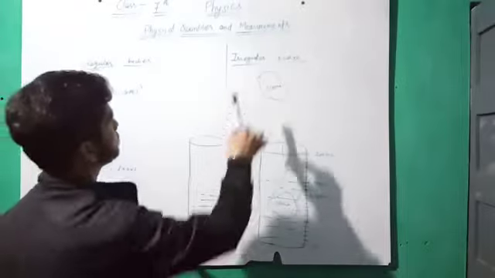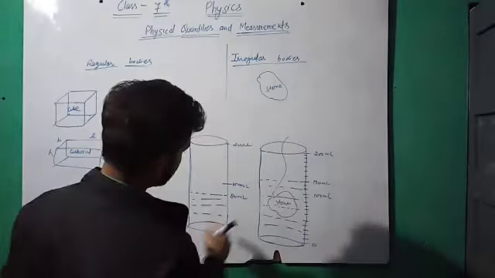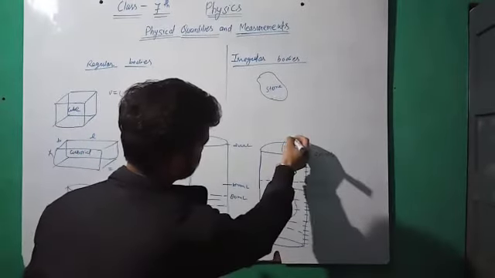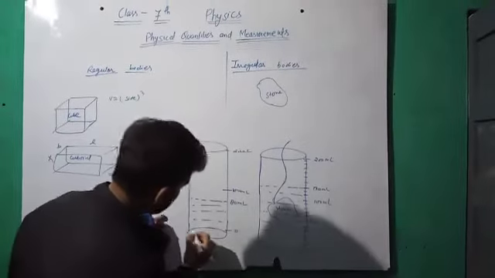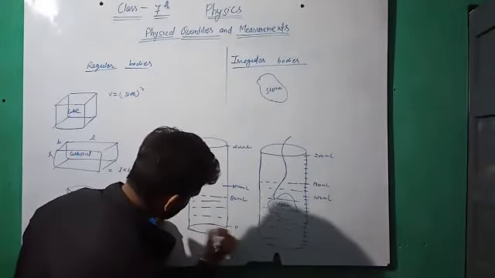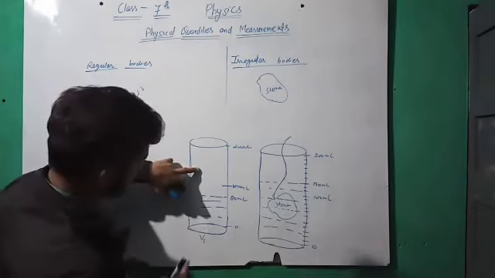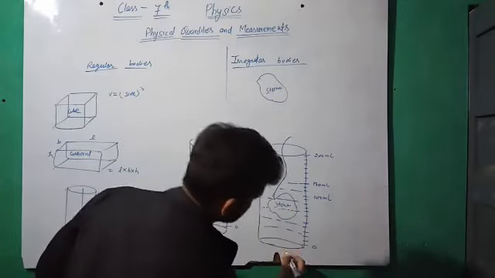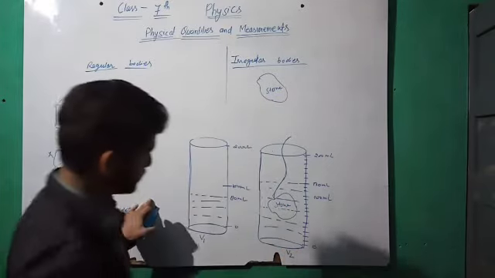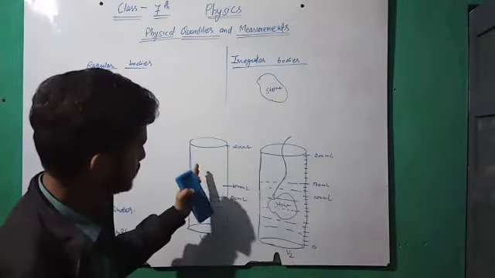For the measurement of an irregular body, we require a stone, a measuring cylinder and a thread. By using these three, if the initial volume of the measuring cylinder is V1 and after dipping this stone the volume increases to V2, then the volume of the stone is final volume minus initial volume.